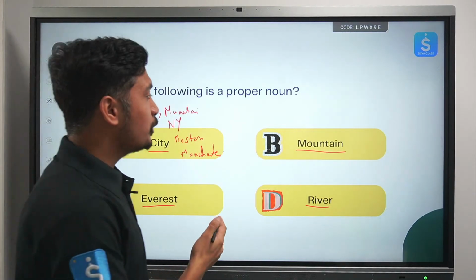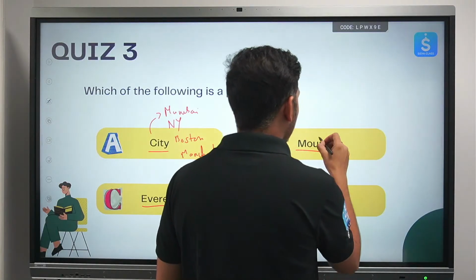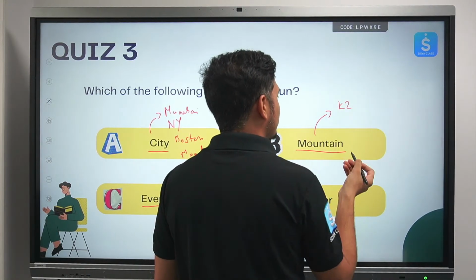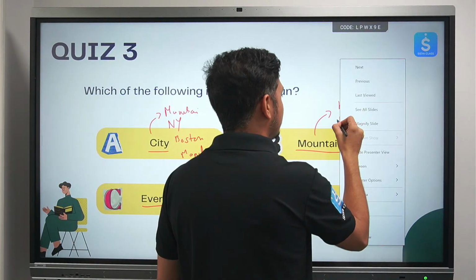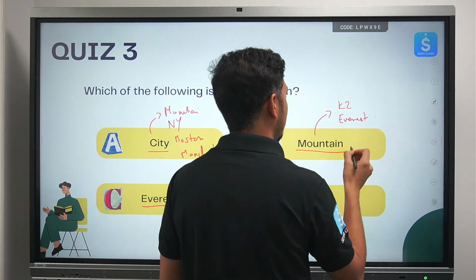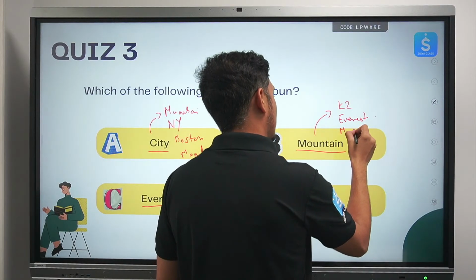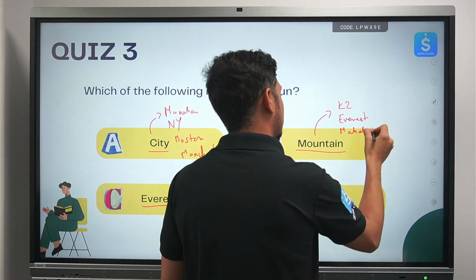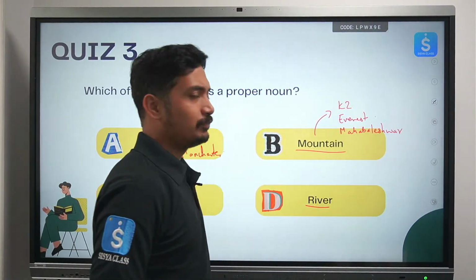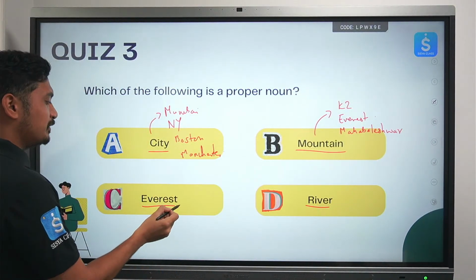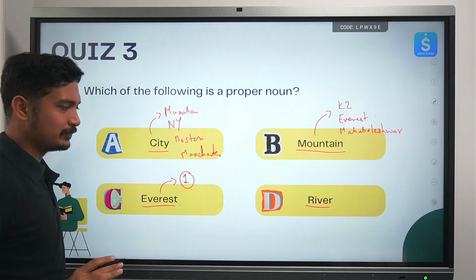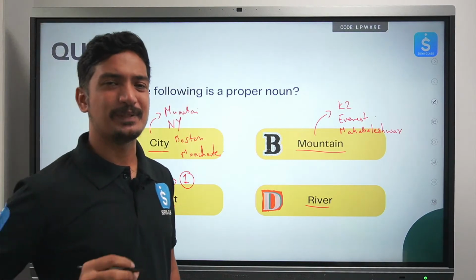When we say mountain, we have K2, we can talk about Everest, we can talk about Mahabaleshwar, and there are tons of different mountains. Here, Everest, there is only one Everest, Mount Everest, in the world. So here we are talking about very specific stuff.